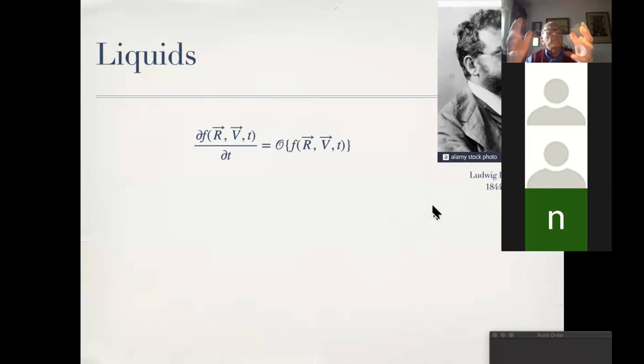If you take the Newton equations for all the particles in a liquid, then there is a method. The method was proposed at the same time by another great father of contemporary statistical physics, Josiah Willard Gibbs in the United States. That procedure allows us to derive that equation.